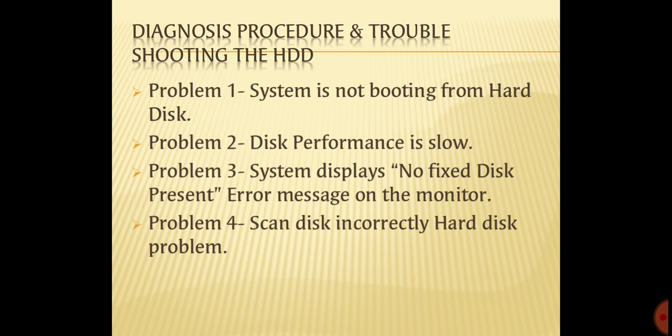So the problems are: the system does not boot from the hard disk drive, disk performance is slow, the system displays no fixed disk present error message, and ScanDisk incorrectly reports a hard disk problem under Windows. These are all the problems and diagnosis procedures for troubleshooting the hard disk drive.